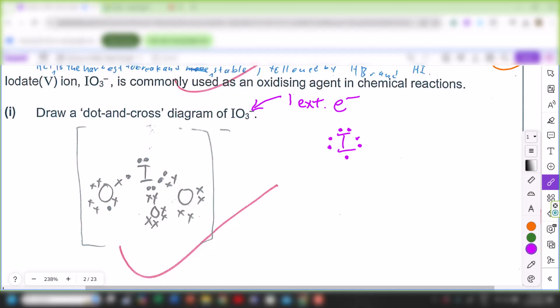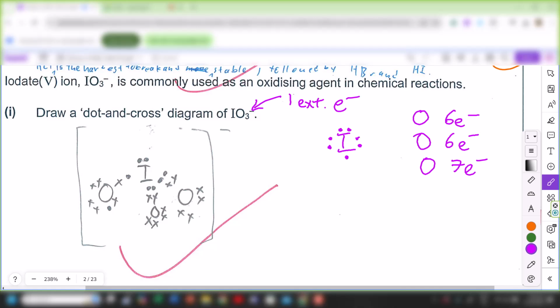Then I have 3 oxygen: 2 of them with 6 electrons, and the third one has 7 electrons, because the external electron will go to the more electronegative element. I think that is written in your chemical bonding notes. If you want, you can flip over to topic 3, somewhere along the pages where they teach you how to draw the Lewis structure.